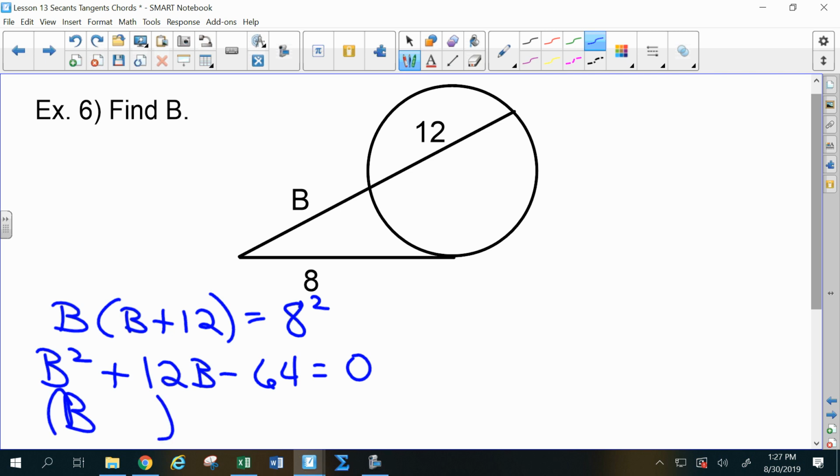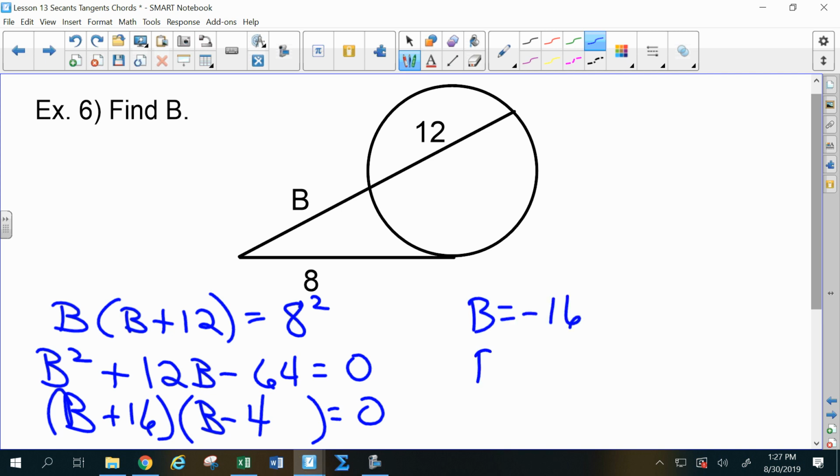And since that starts with 1b squared, let's see if we can factor it. Can anybody come up with numbers that multiply to be negative 64 and add to be positive 12? You got them? So 16 and a negative 4. So that means b is negative 16, b is 4. Do they both work? What doesn't work? Negative 16, because this cannot be a negative length, so b equals 4.